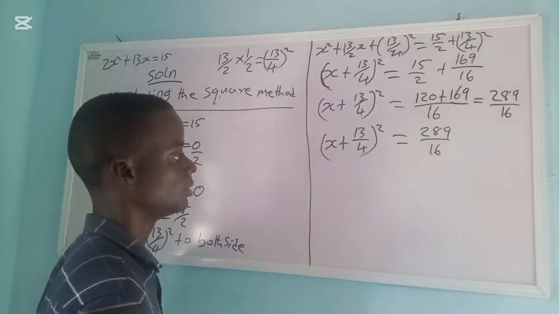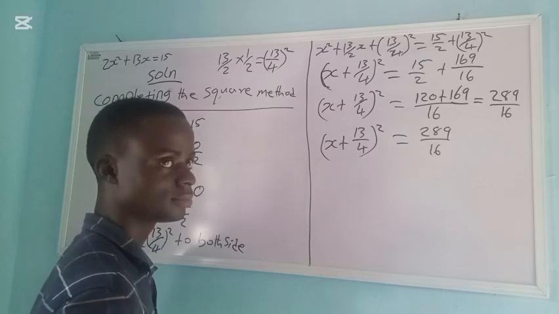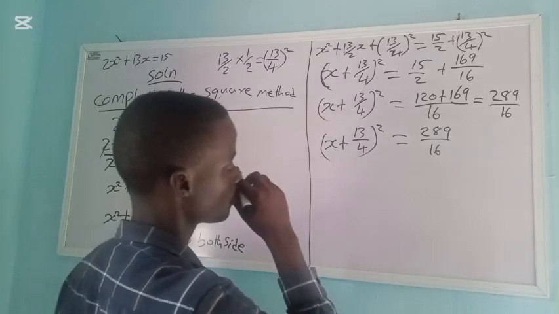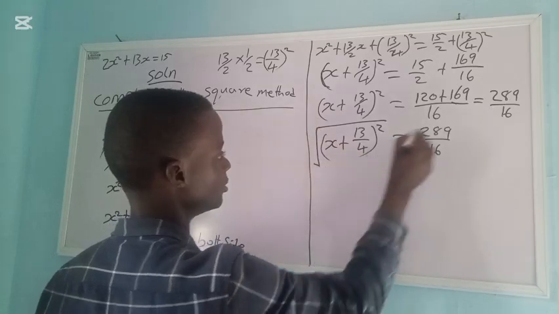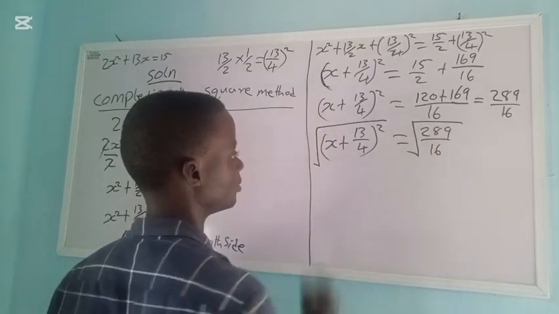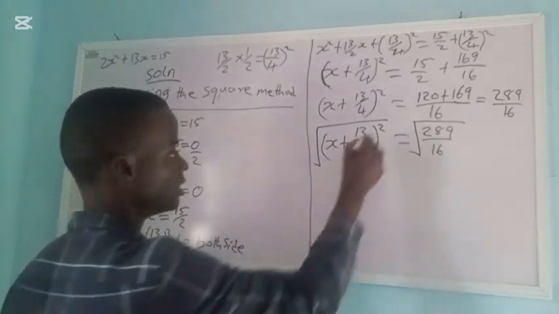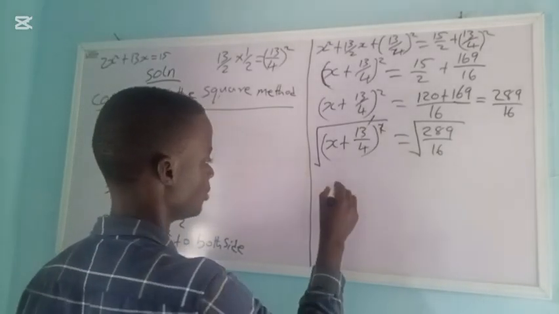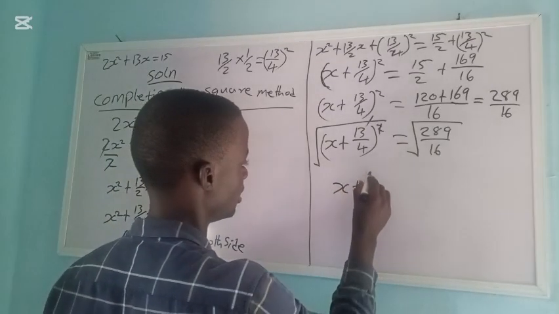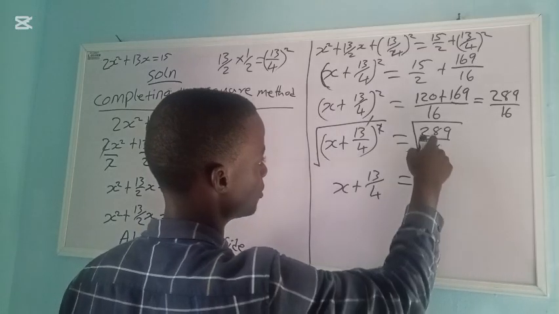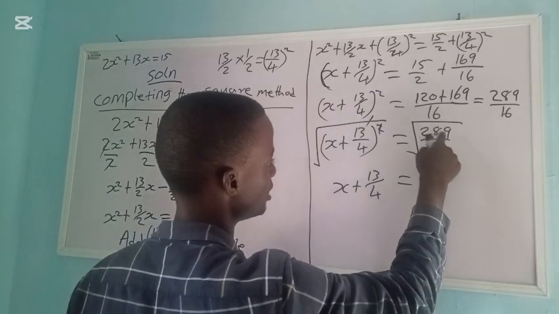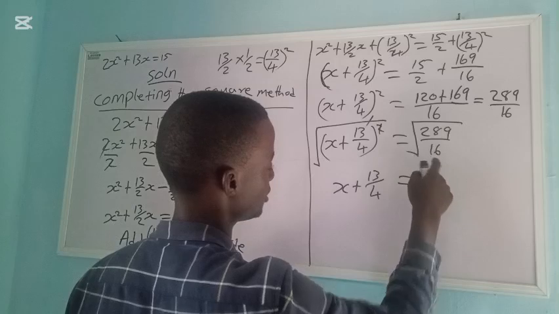So now, to continue this, let's add root to both sides. So then this square, I cancel this one, so we have x plus 13 all over 4 is equals to root 289 all over 16.